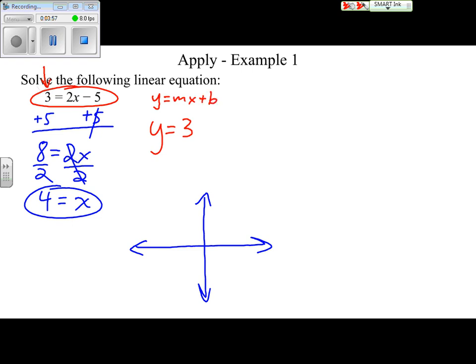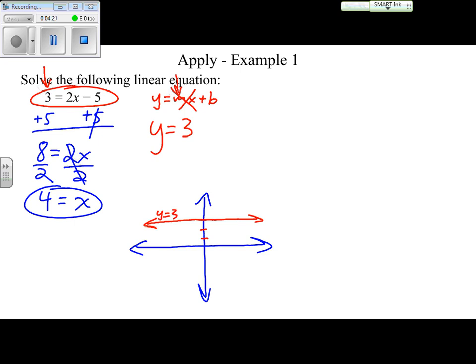But you'll notice there's no x involved here. It's just y equals 3, which means that our m, or our slope, must have been 0 to cancel out the x altogether. And if there's no slope, what kind of line is that? It's a horizontal line. So we have a horizontal line with a y-intercept of 3. So if I go up 3 little spaces here, I can draw a nice horizontal line, and that would be my equation of y equals 3.